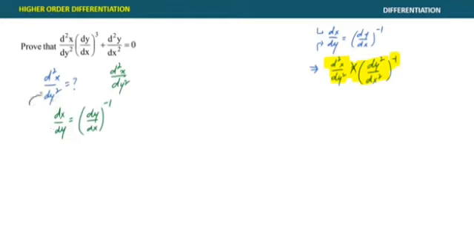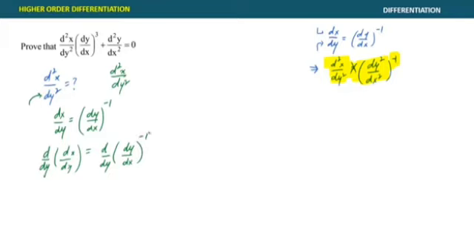What is the denominator here? Dy square. That means this particular quantity is again differentiated with respect to y. This is the target, dx by dy. So let's apply this here as well. So this becomes d by dy of this entire stuff, dy by dx whole raised to power minus 1.